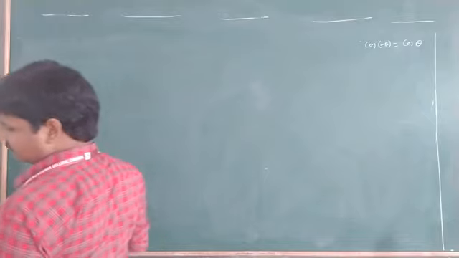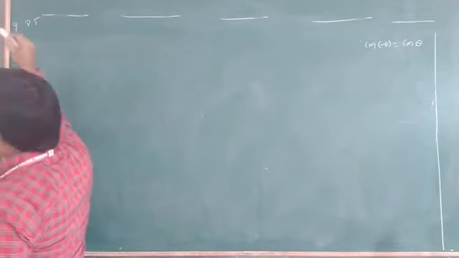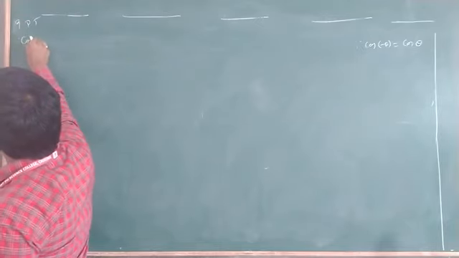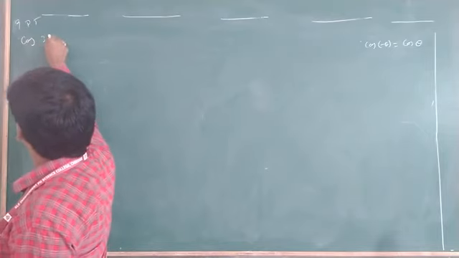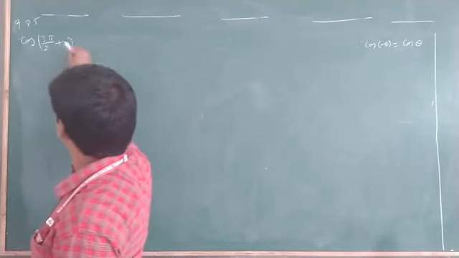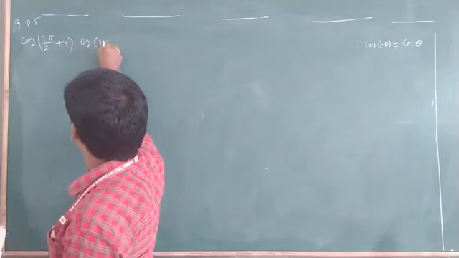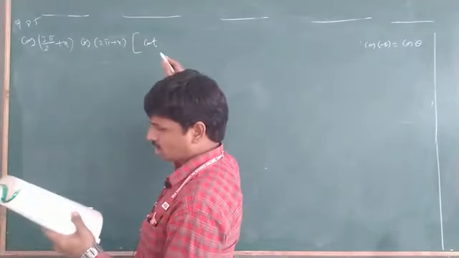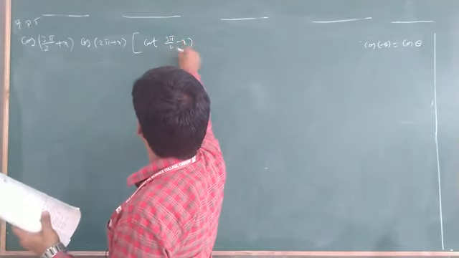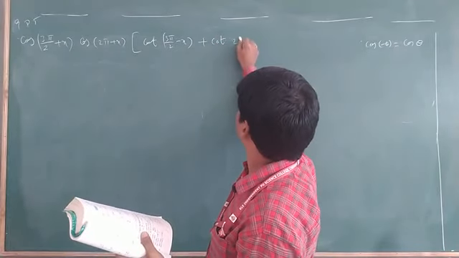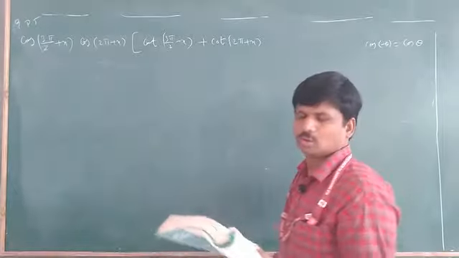What is given in question number 9? We will also prove that cos(3π/2 + x) · cos(2π + x) · [cot(3π/2 − x) + cot(2π + x)] is equal to 1.